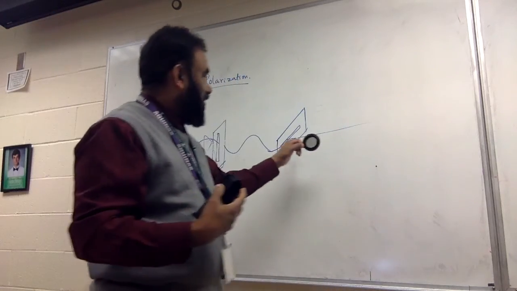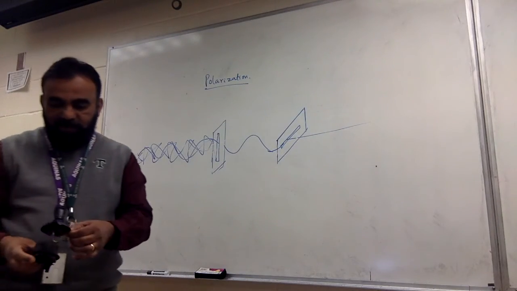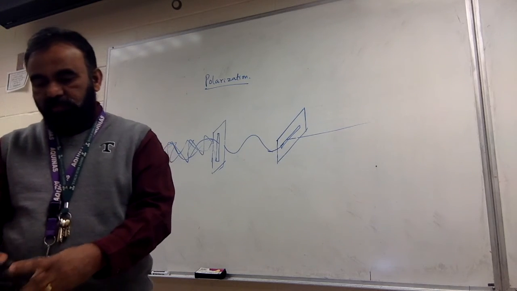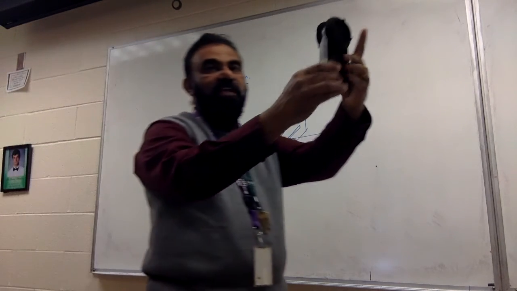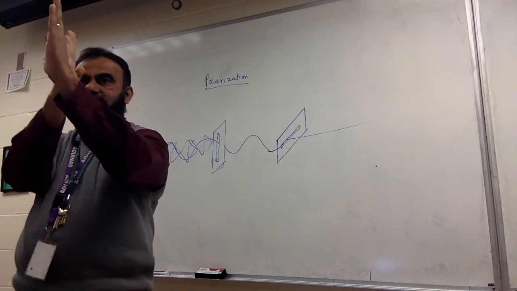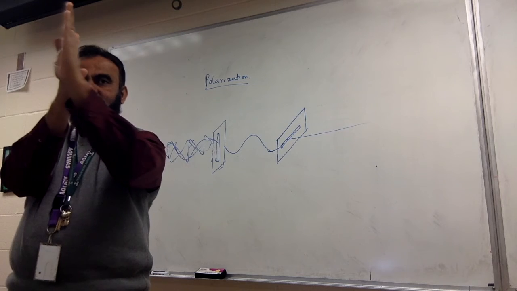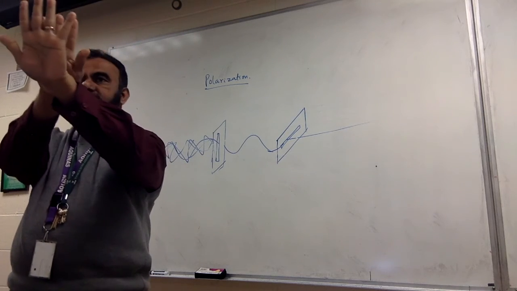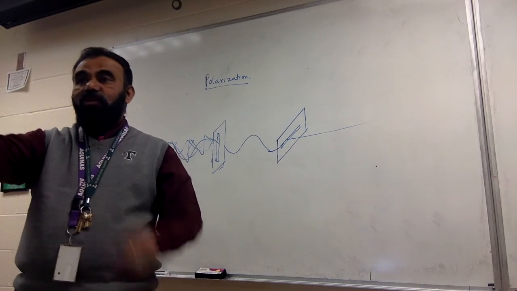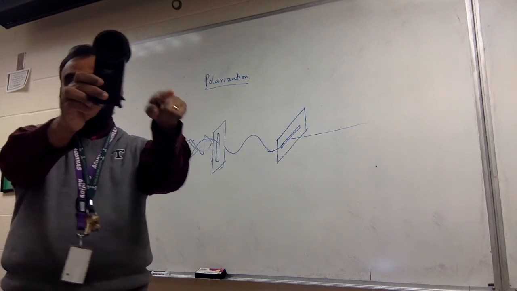Now if I have another one, and I place the other one in such a way that the two slots are exactly vertical, like this, you are able to see through it, right?